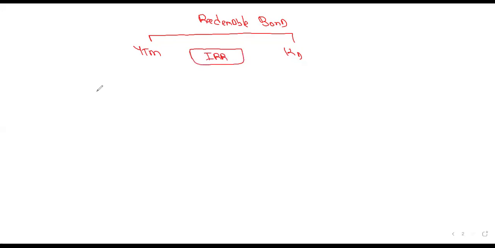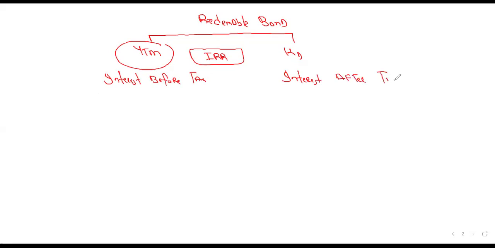But when you are performing the YTM, you will take interest before tax, and in the KD, you will take interest after tax. And what is the reason? I told you people that YTM is for the investor, cost of debt is for the company.